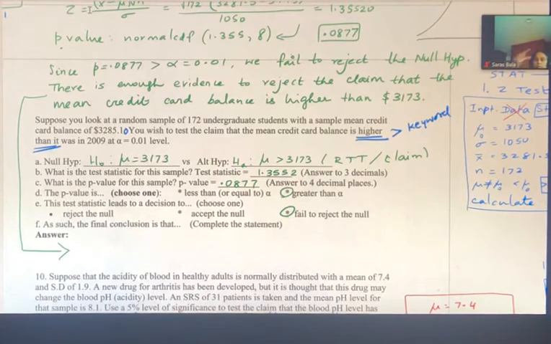As long as the probability is greater than alpha, you fail to reject. When are you going to reject? When the probability is a much smaller value, the tinier the p-value, you reject your null hypothesis. But since my p-value is pretty strong, I keep the null.